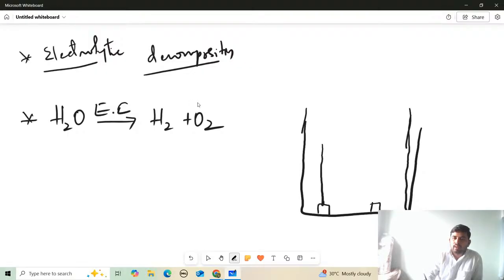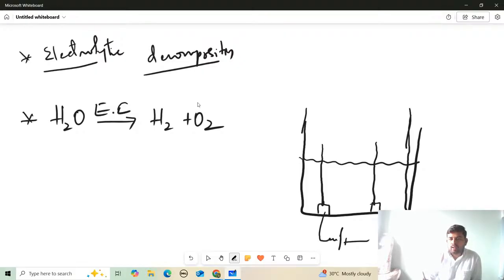Sorry guys, I'm not able to draw it properly. Here they took the H2O, and these two electrodes are connected to the battery. This is the negative electrode.